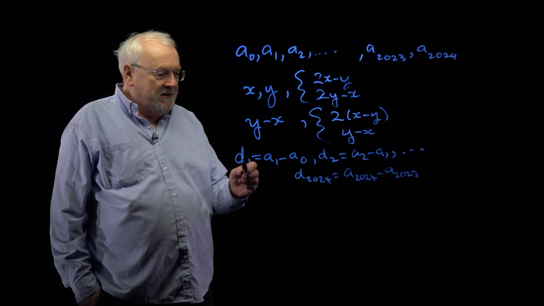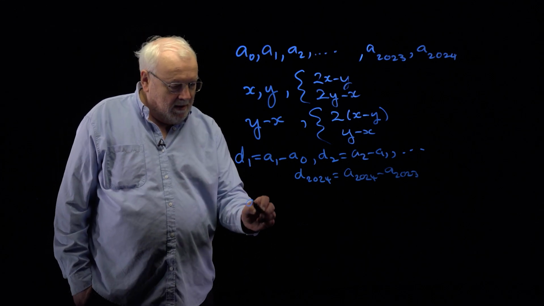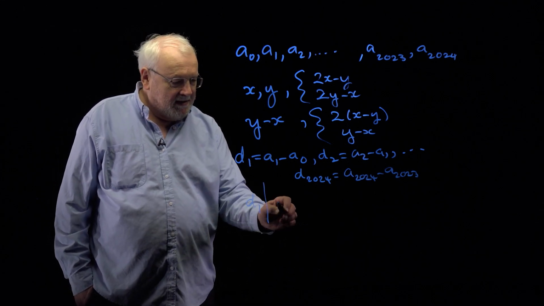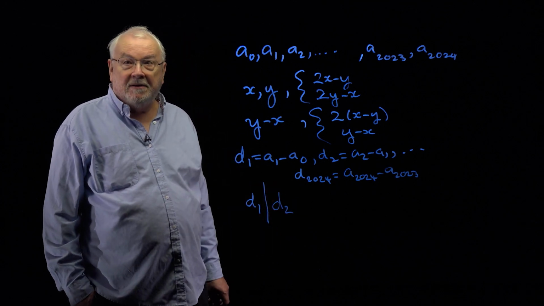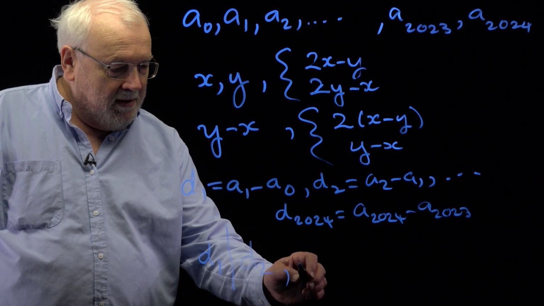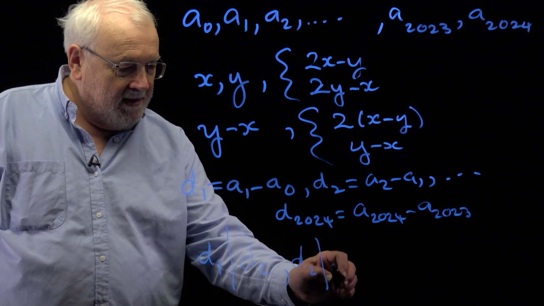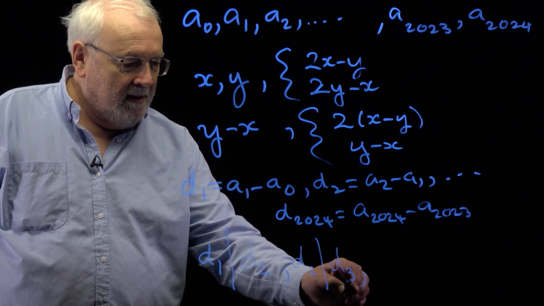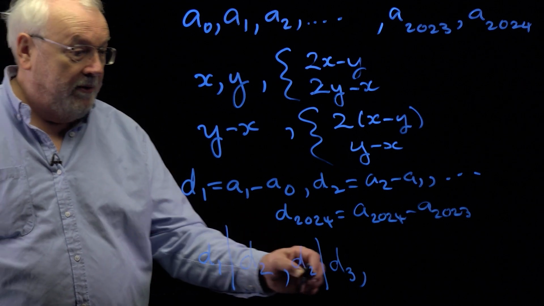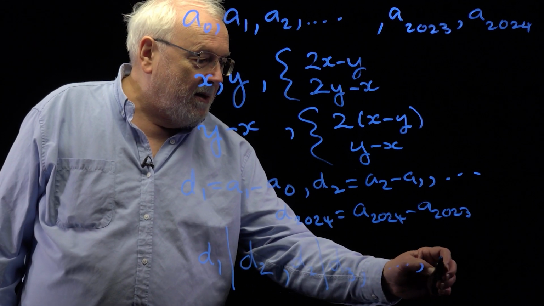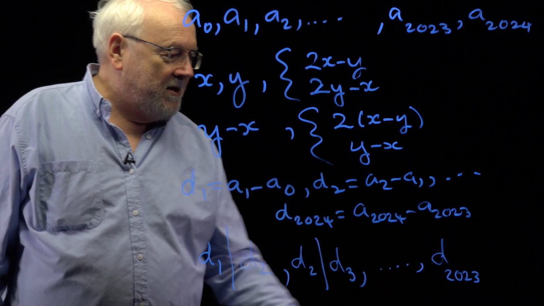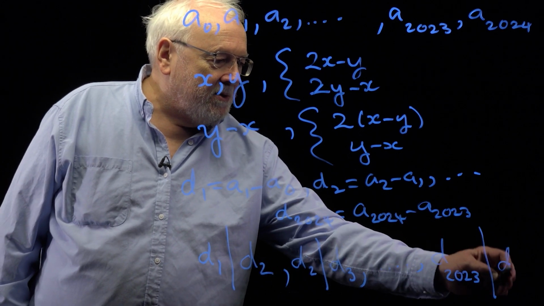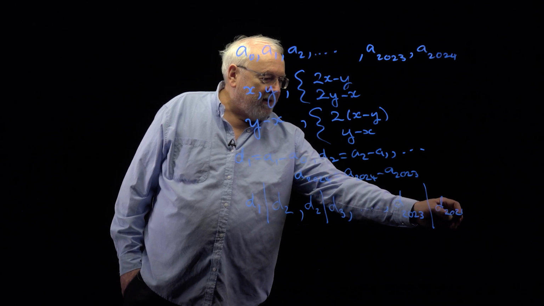Now what we know is that the first difference divides the second difference. This long vertical line here is pronounced divides. We also know that the second difference divides the third difference, and so on, up to the 2023rd difference divides the 2024th difference.